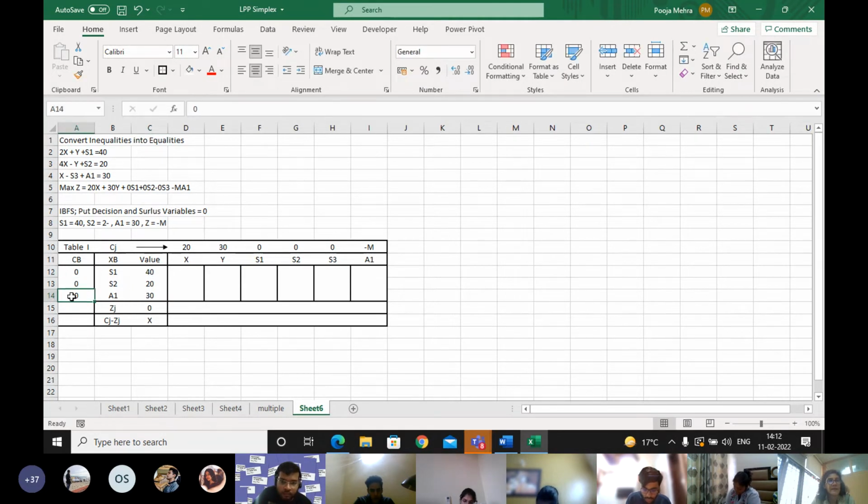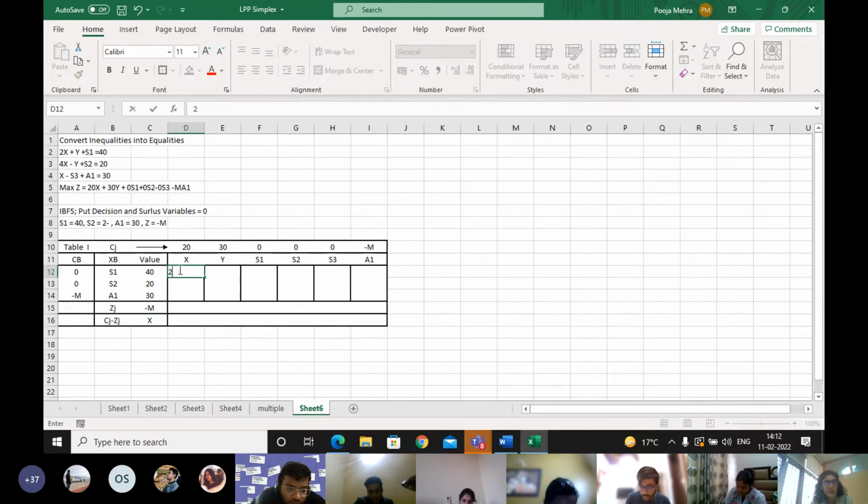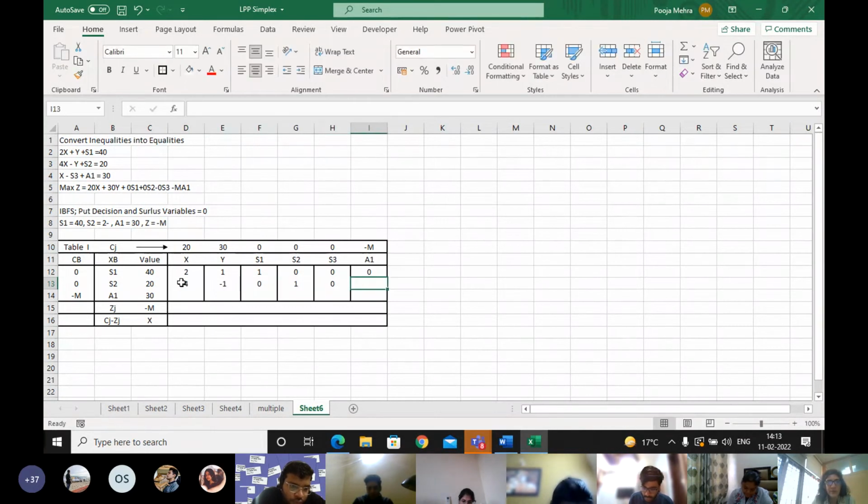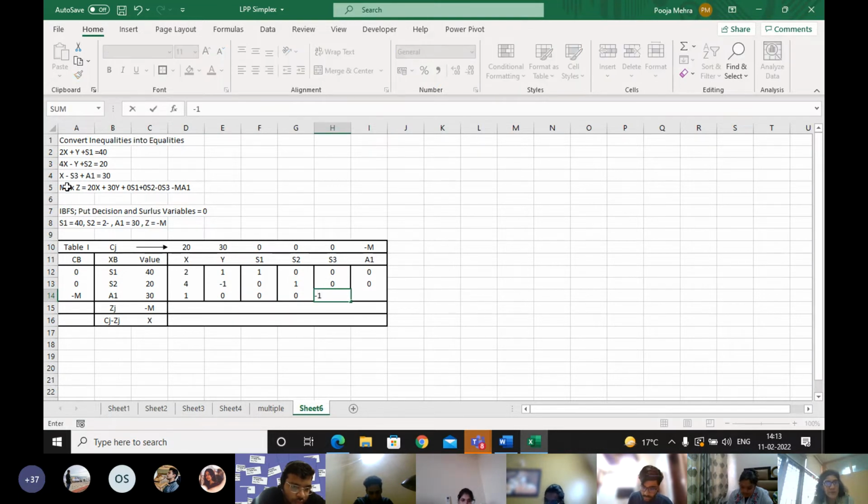Here we have 0, 0 and minus M. The constraint rows are 2, 1, 1, and 0, 0, 0; then 4, minus 1, 0, 1, 0, 0; then 1, 1, 0, 0, 0, minus 1 and 1.